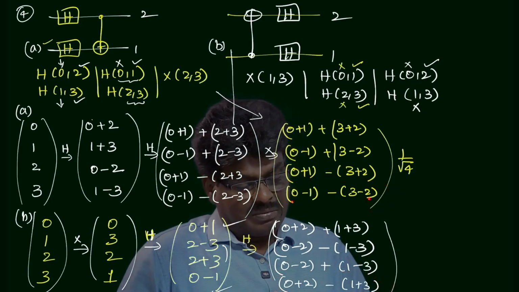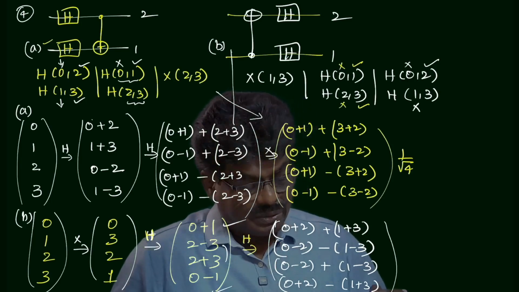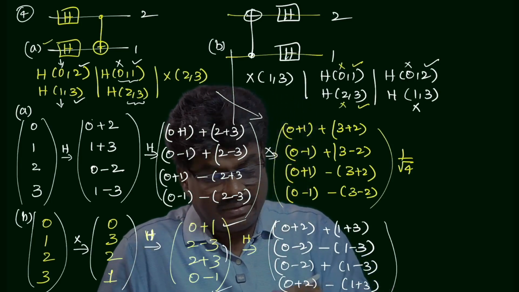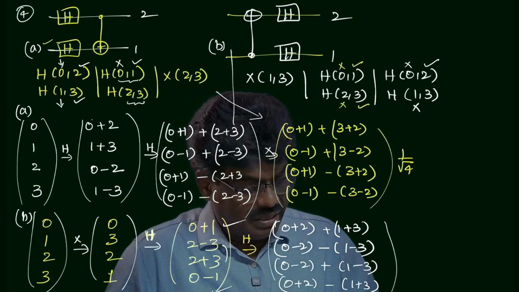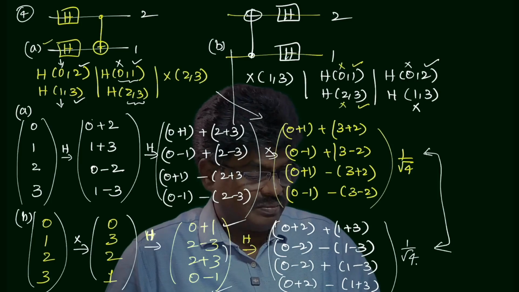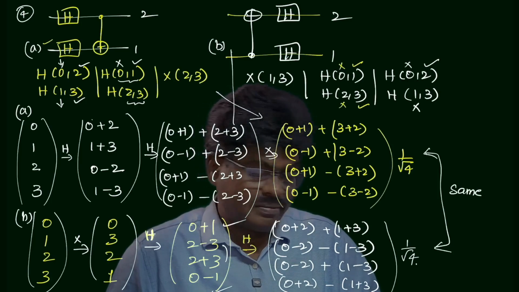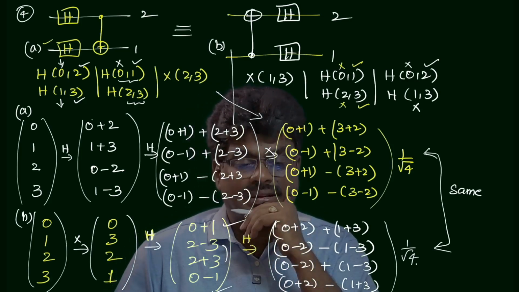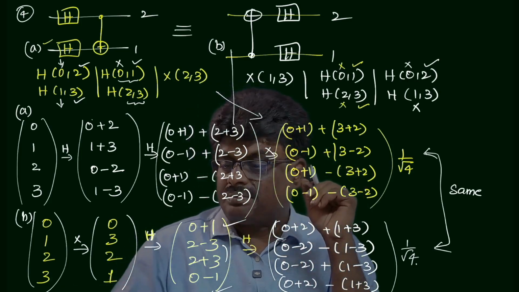So 0 plus 2 and minus 1 and minus 3. Okay, so this is the advantage of this method. It's very easy, and the normalization constant 1 over root 4. So these two are same. So these two circuits are equivalent, right?